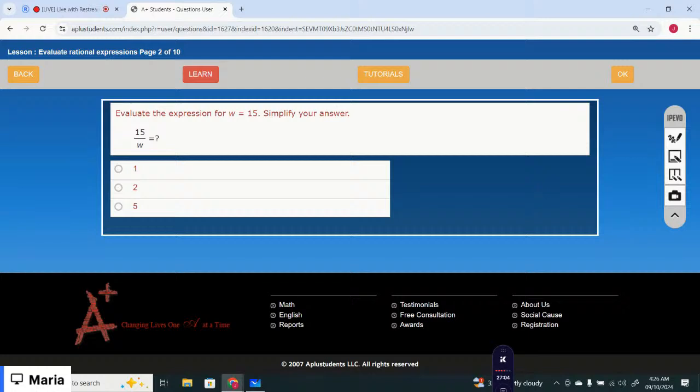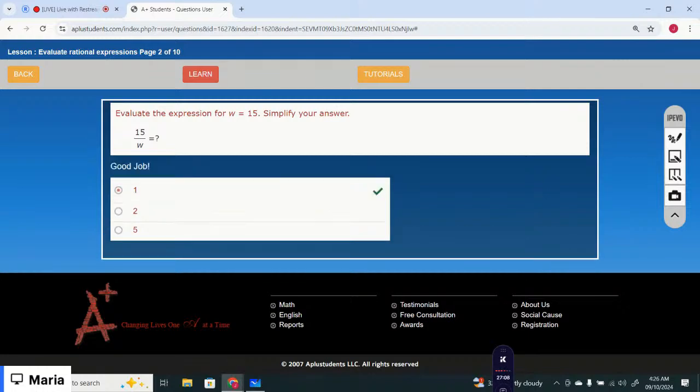Option number 1 is the correct option. 15 by 15 is 1. Very good.